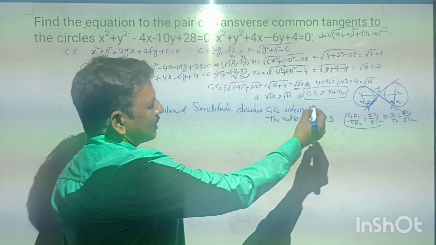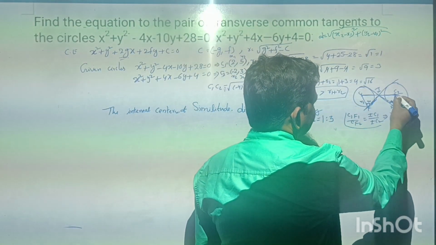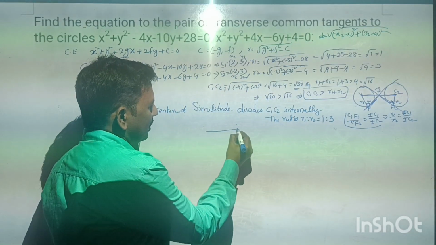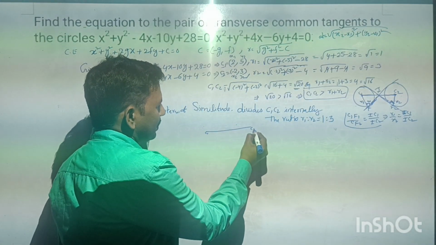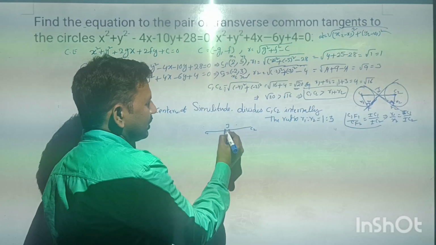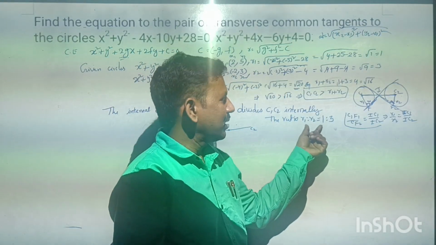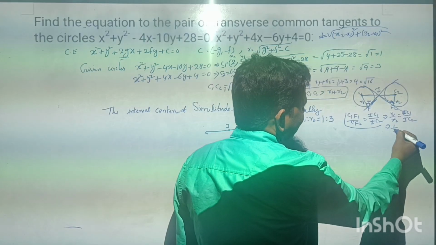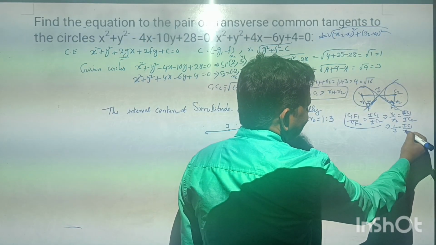We know that C1C2 is one line. Here C1C2, and here I. So I divides C1C2 in the ratio R1 is to R2, that means 1 by 3 equals IC1 by IC2.